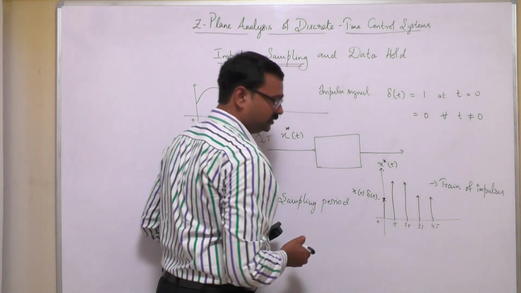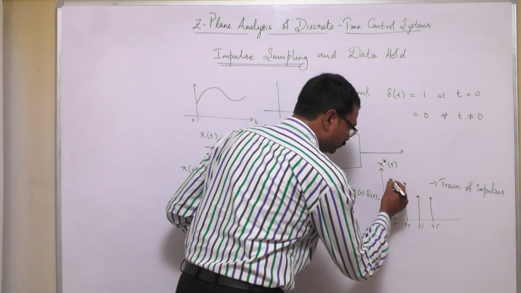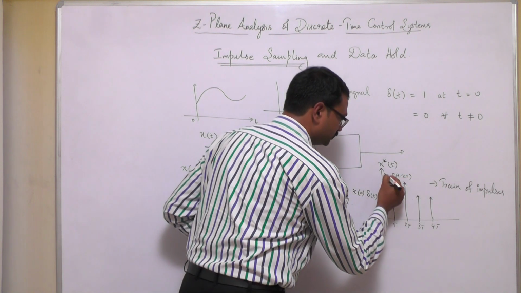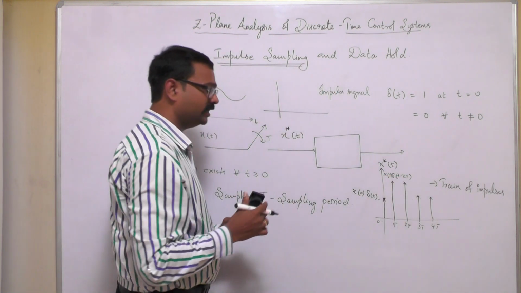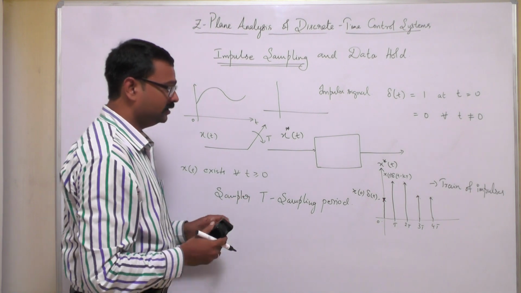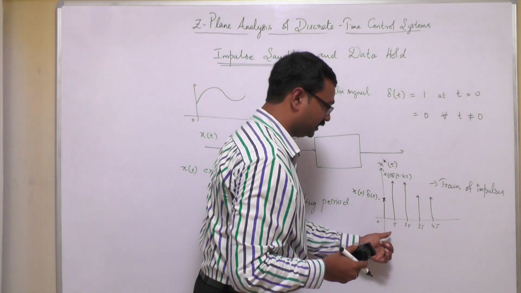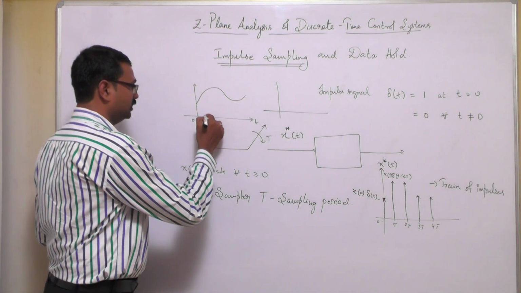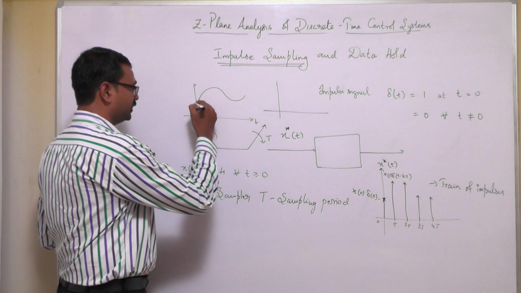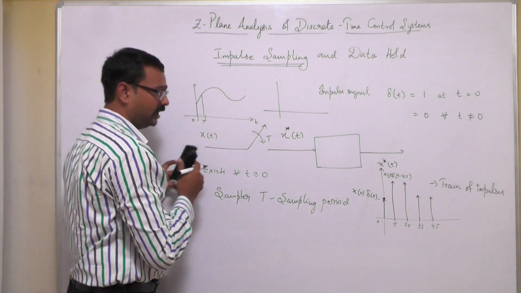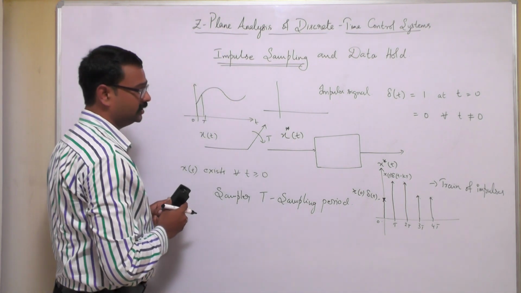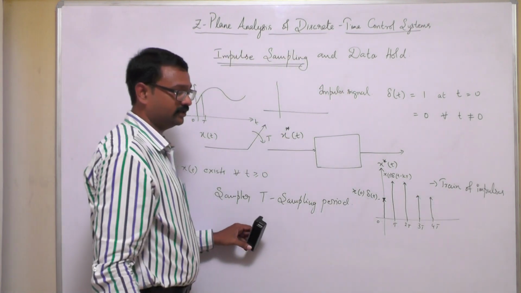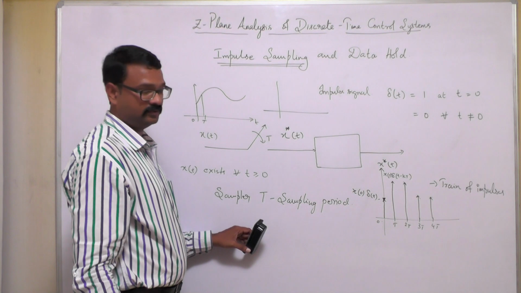Now at time t is equal to capital T, you have this as del of t minus T, and its magnitude is x of T. So you are multiplying a train of impulse signal, an impulse signal at a time delayed function, into the original continuous time signal at time 0, at time T, and if you are multiplying these two, then you are getting a train of impulses with different magnitudes at every different instant of time.